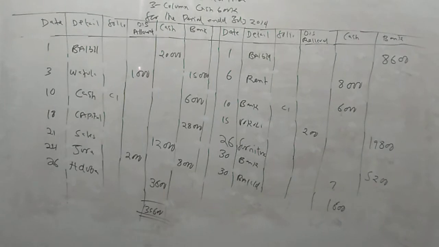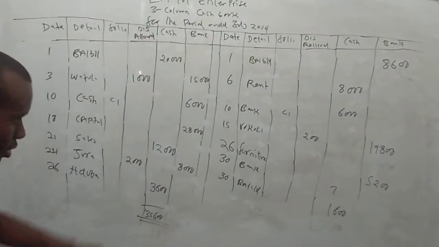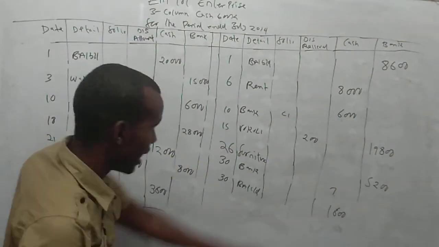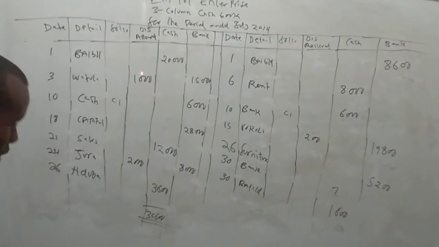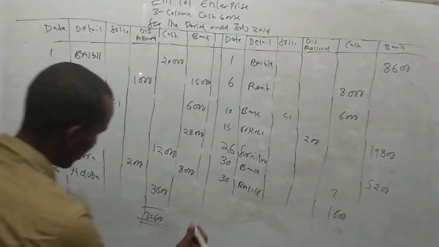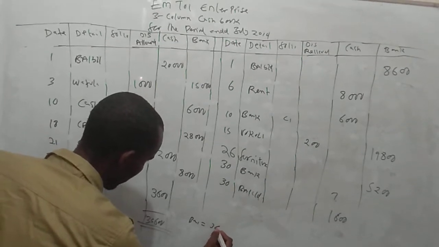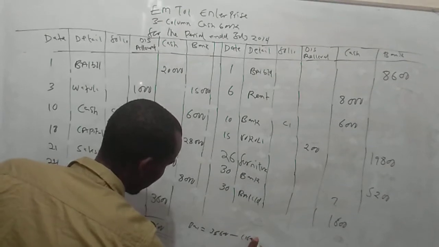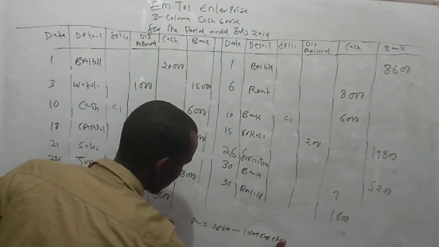For us to determine this amount, we take this 35,600 and subtract the summation of these 3. So the amount to be banked is equal to 35,600 subtract 1,600 plus 6,000 plus 8,000.